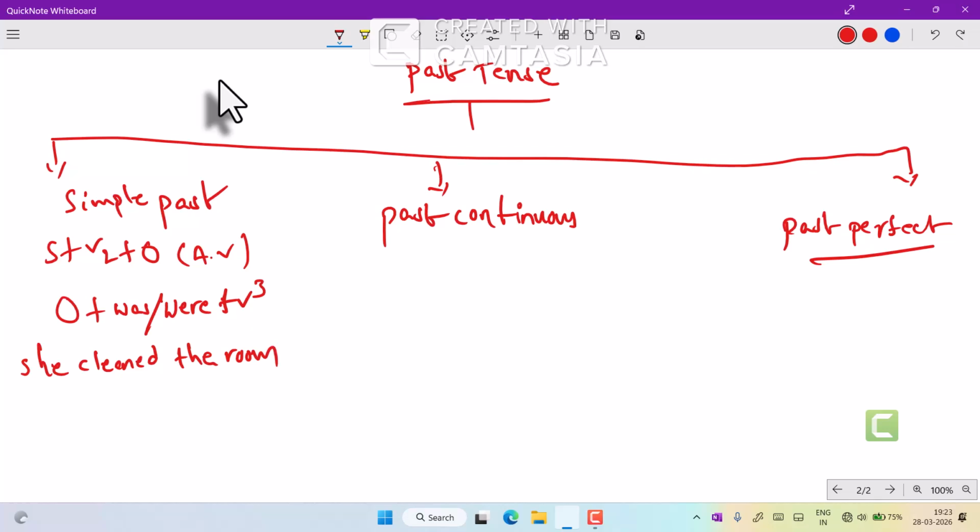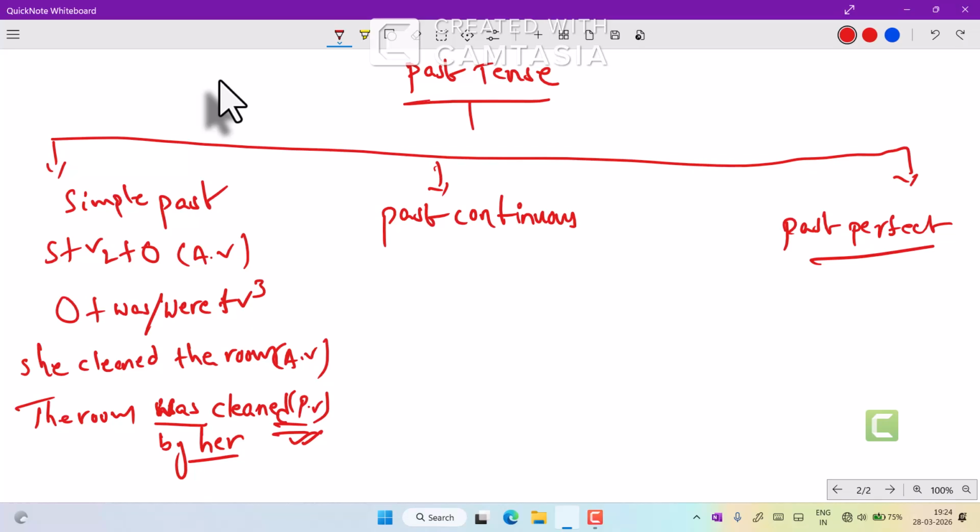Now you see, the room was cleaned by her. So this is AV and this is PV. Now you take your own examples for this.